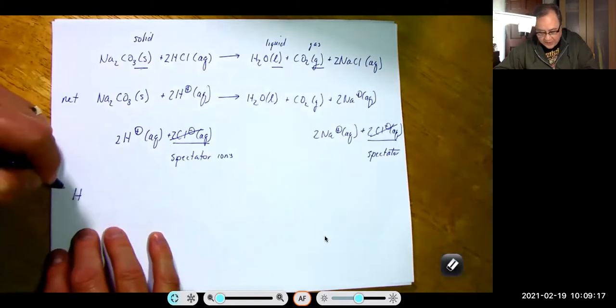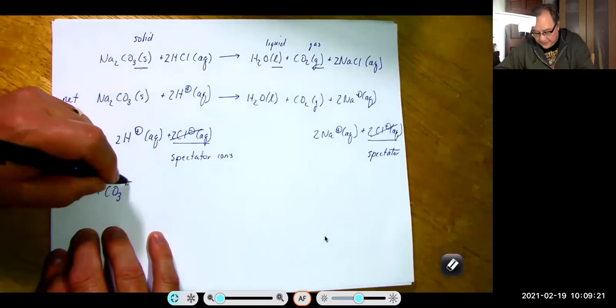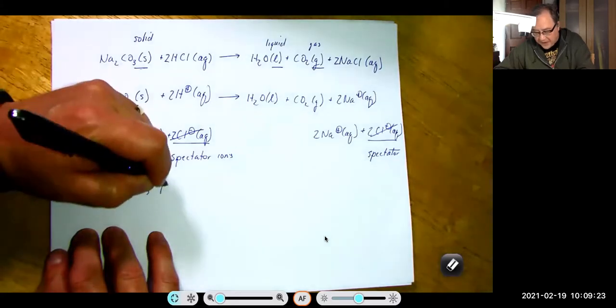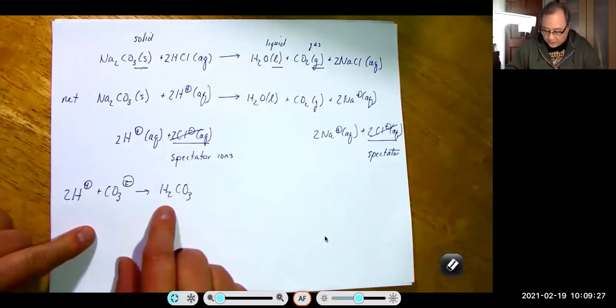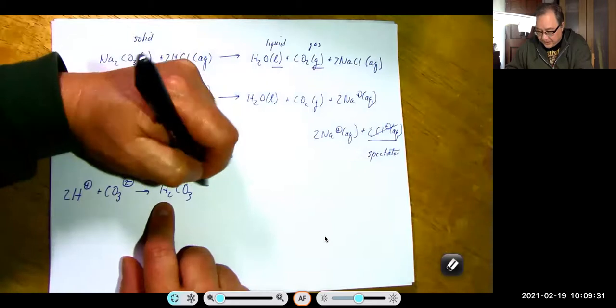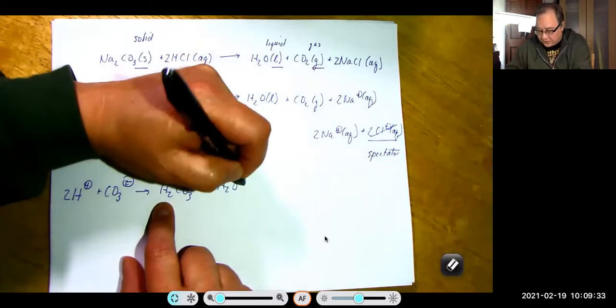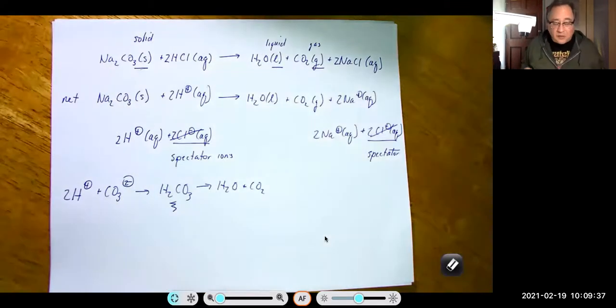You need 2 H pluses and 1 CO3, and that actually forms carbonic acid. But this is very unstable. And what happens is one of these oxygens combines with hydrogen, and you get H2O and CO2. So this you never see, because once it's formed, it immediately goes away.